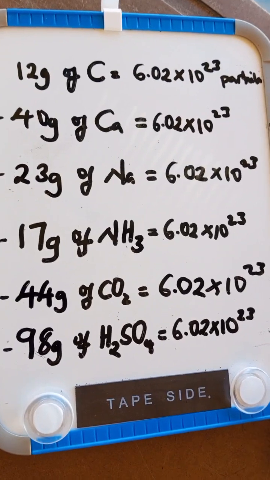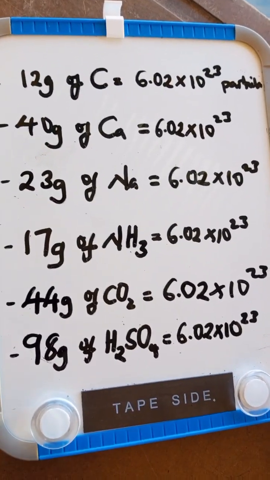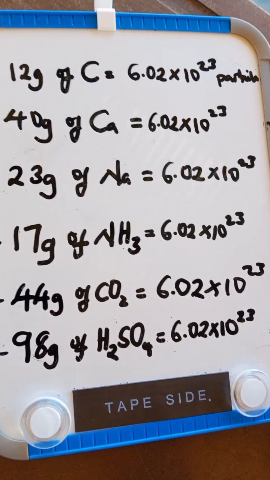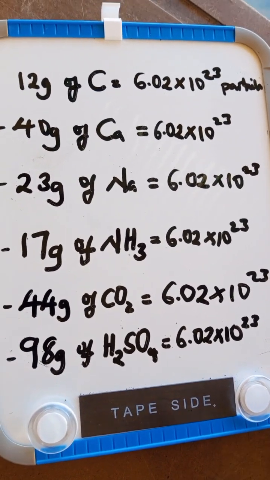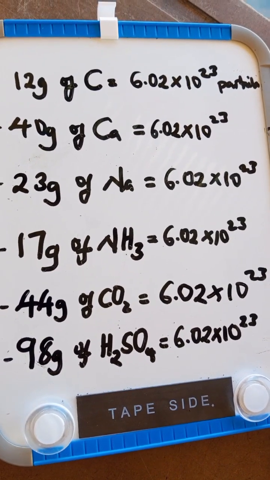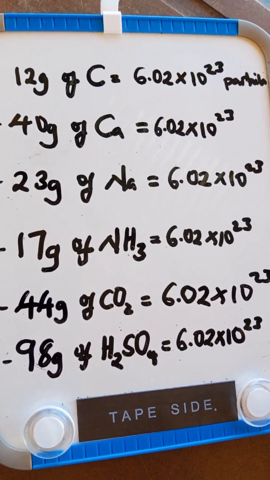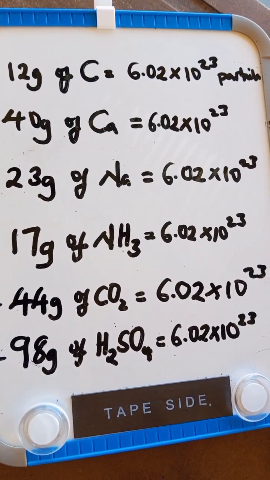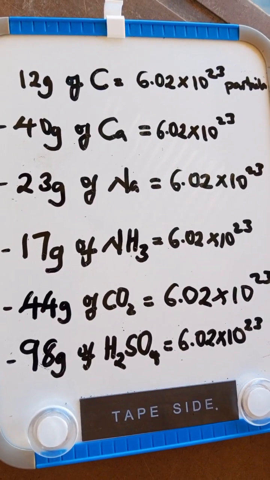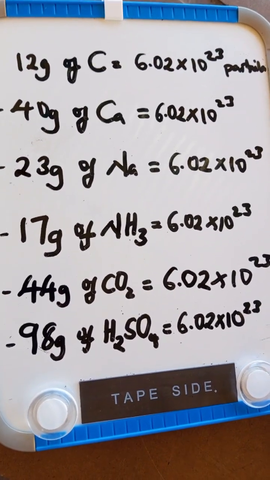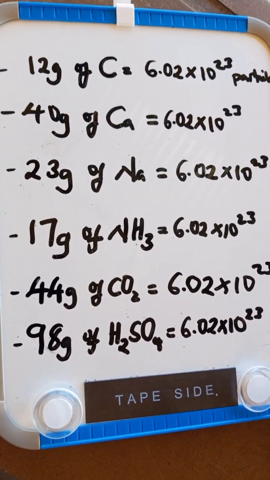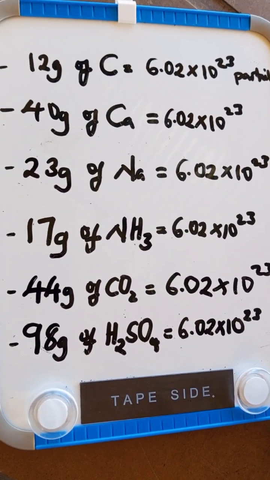But this is what you ought to know. 12 grams of carbon contains 6.02 times 10 to the power 23 particles or atoms. 40 grams of calcium contains 6.02 times 10 to the power 23 atoms. So in other words, the mass number of the element in grams is equivalent to the Avogadro's constant number of particles.